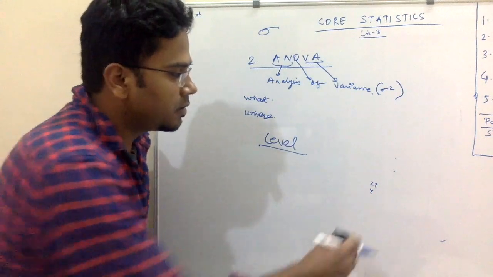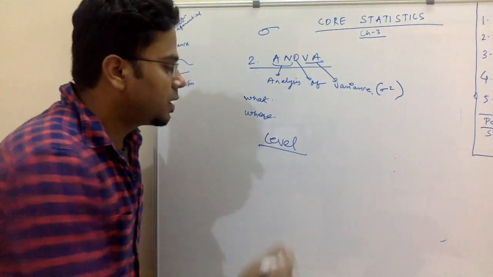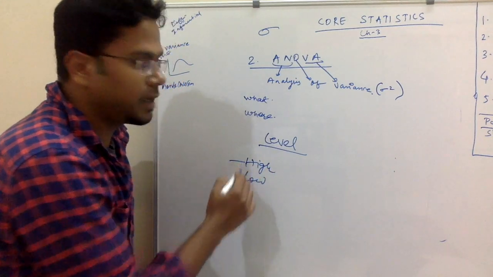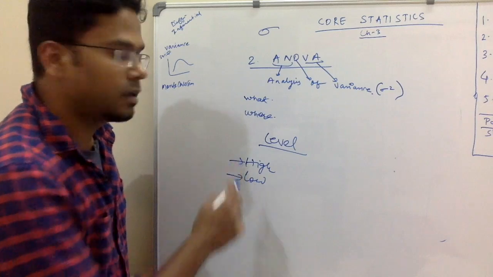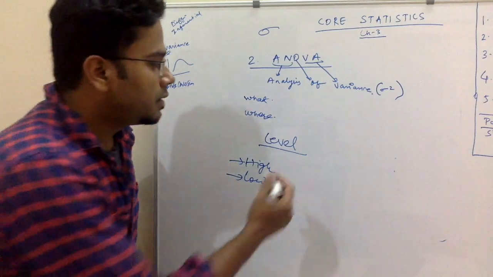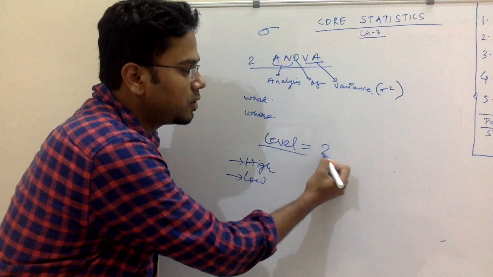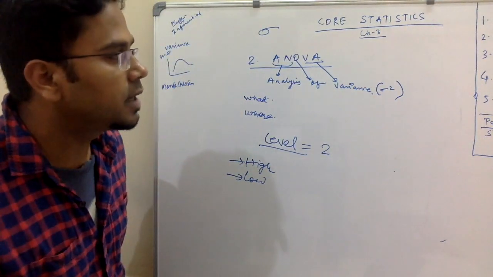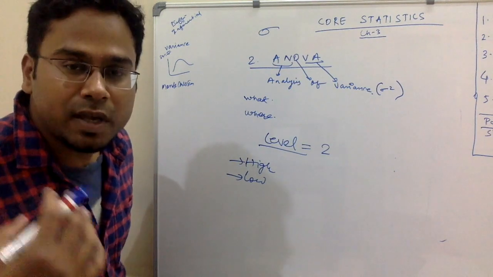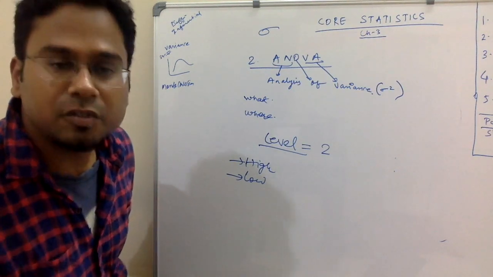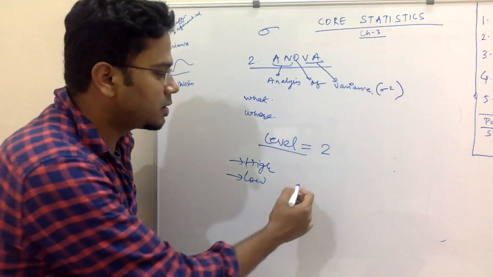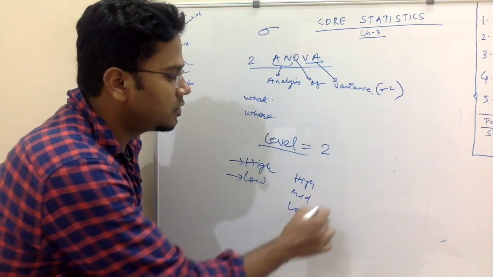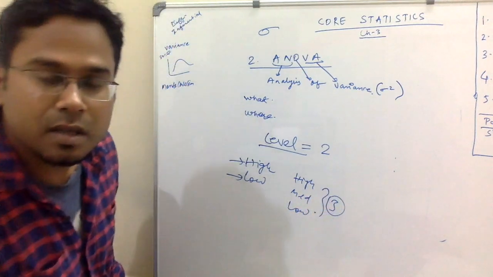You just had two scores, high and low, like high degree of schizophrenia and low degree of schizophrenia. Then the number of levels here is 2. Similarly, let's say you are doing an experiment to understand the effect of noise on the stress levels of people, and there are three noise types, high, medium and low. Then you have three levels, right?